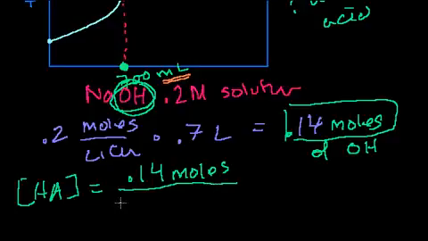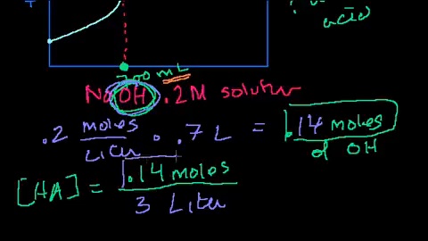And we know that our original solution before we started titrating it at all is 3 liters. Remember, the molecules are canceling directly with each other. So that's why I wanted to figure out how many actual molecules of OH I added. Those canceled out with the exact same number of molecules of our weak acid. And so this is how many molecules of our weak acid we must have started off with.